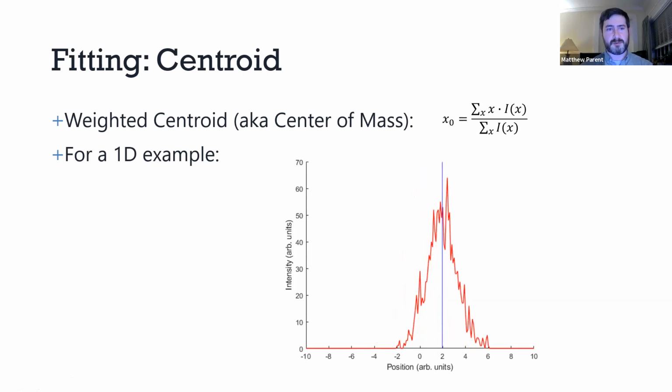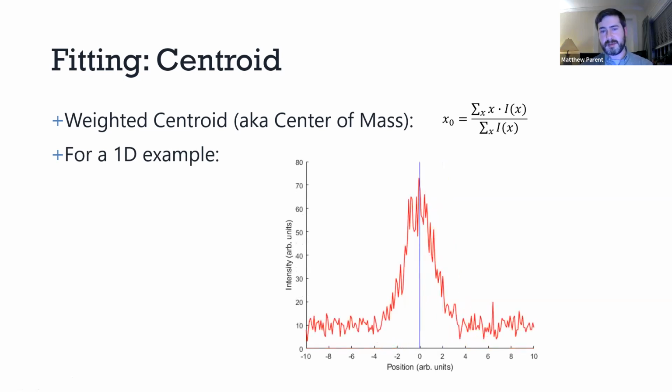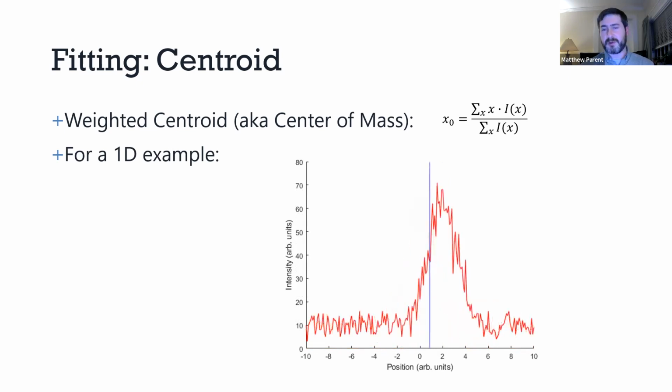It also gets me to 2. And if I add some arbitrary background to it, because we want our fit to be robust and work even if there's background or some other non-ideal situations, it still works here. But you'll notice when I shift it back to 2, this arbitrary background pulls my centroid off target.